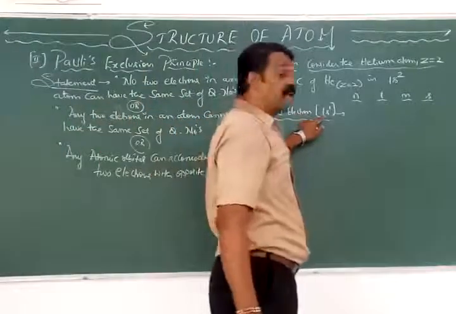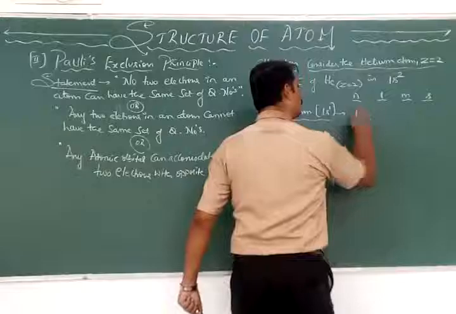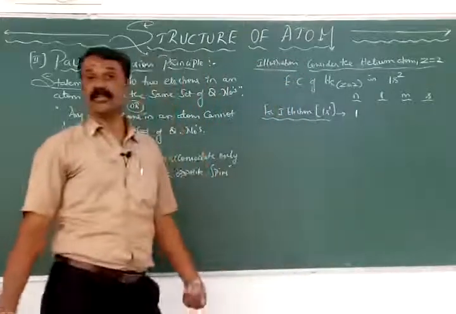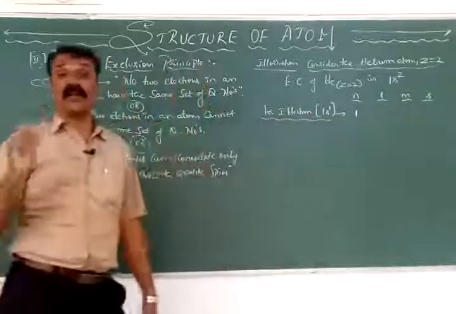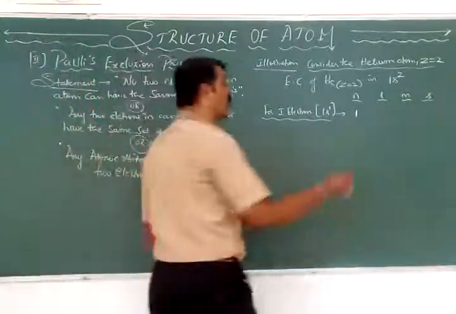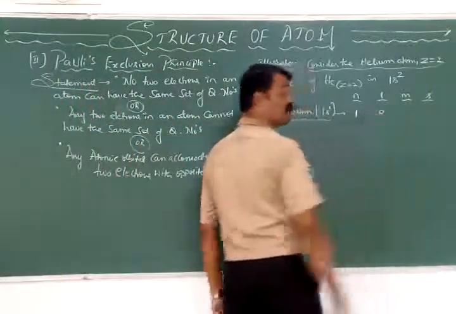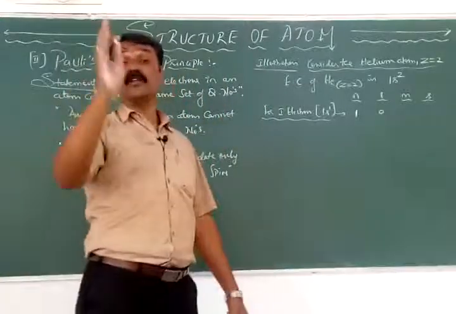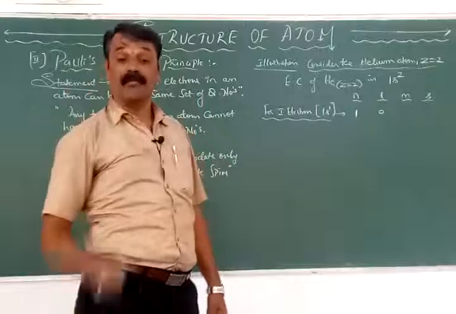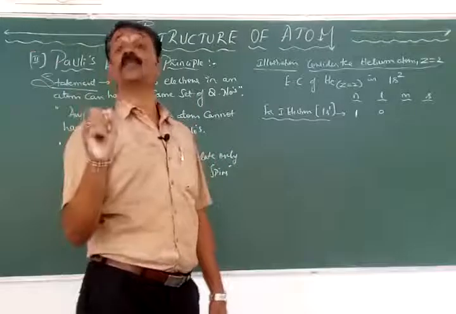As it is 1s1, it is the first orbit, so n is equal to 1. As it is an s subshell, l is always equal to 0. If l is equal to 0, then m is always equal to 0, because the values of m are from minus l to plus l through 0.